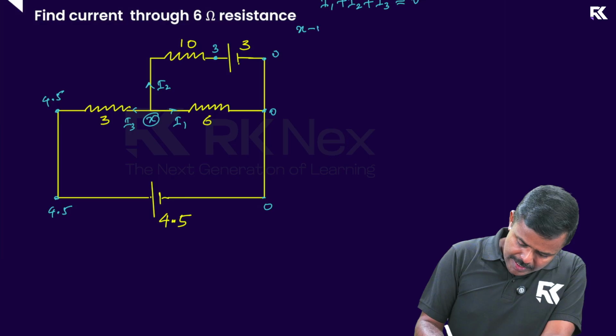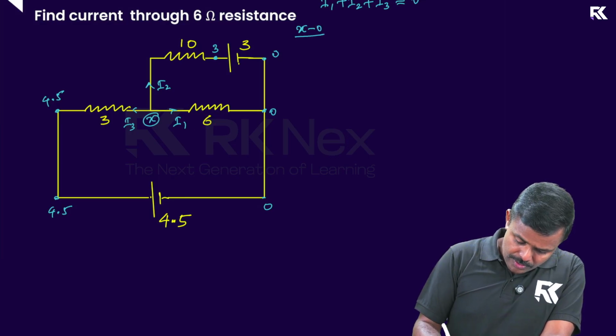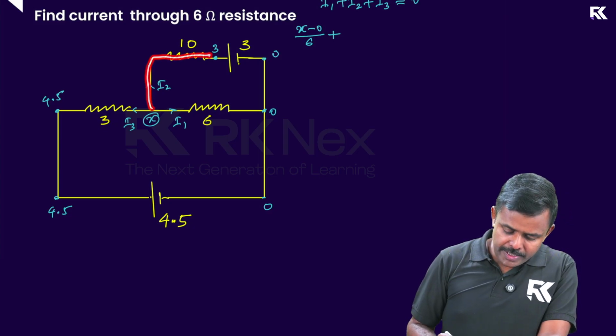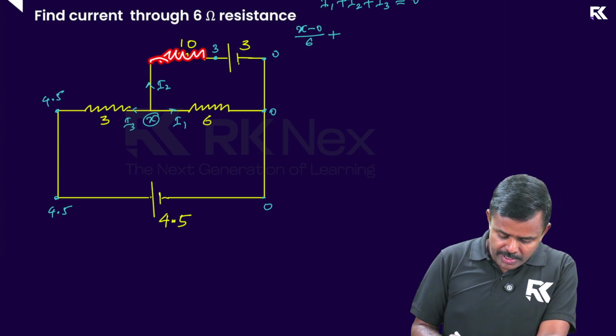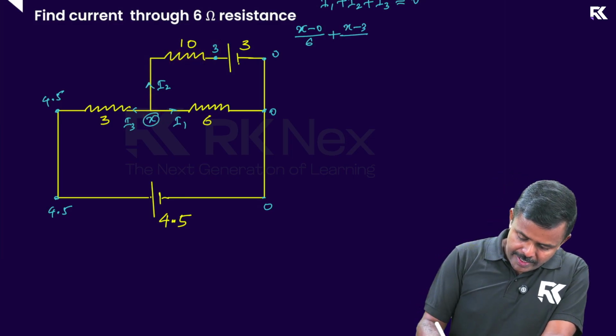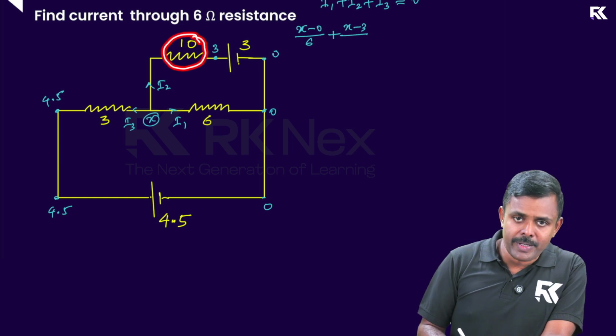So that is X minus 0 divided by the resistance there, which is 6 ohms. Plus, for I2, this is I2, right? The left end of this resistor is at X, right end is at 3. So that makes it X minus 3 divided by the resistance on that branch, which is 10.